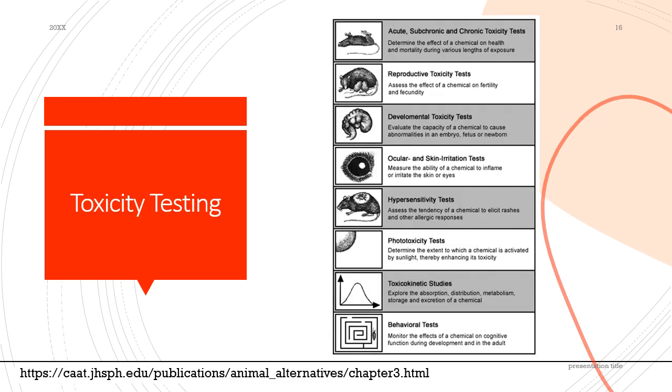If we don't have dose data, you use acute toxicity testing. Acute means that with the chemical you have, in rats or animals, it can kill 50% in 24 hours. This figure shows the toxicity testing that you use to investigate the dose and whether it is toxic or not.